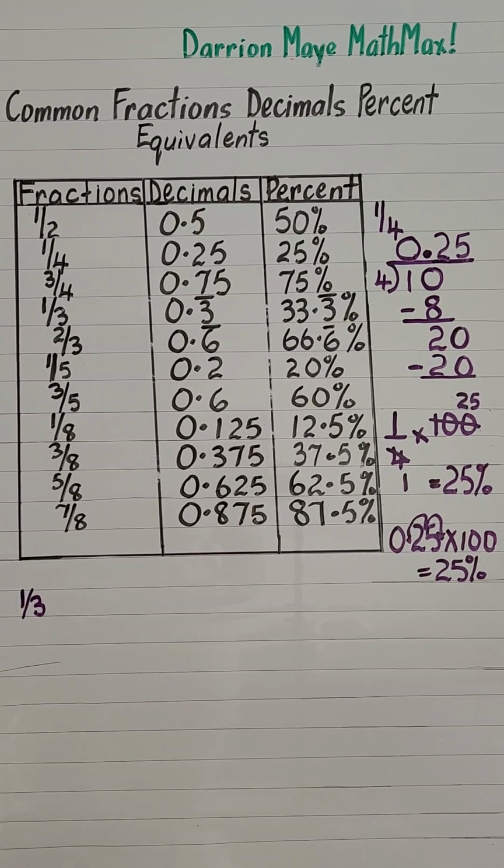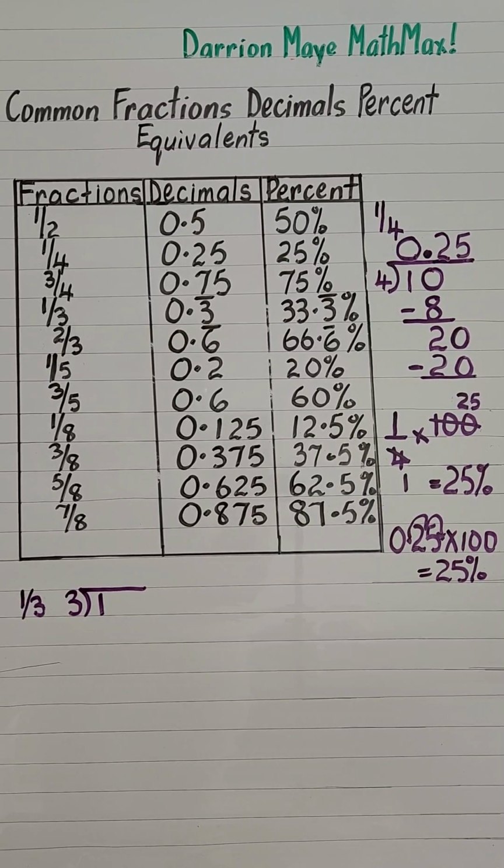So let's try 1/3, and we're going to do the same thing. 1/3 to a decimal, we divide numerator by denominator, that is 1 divided by 3. How many times can 3 go into 1?